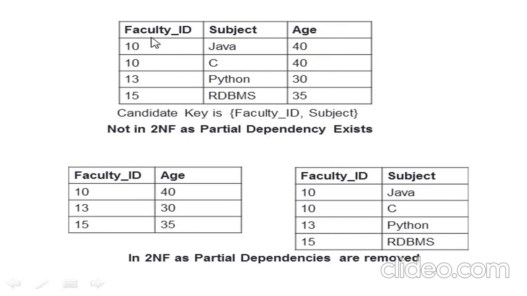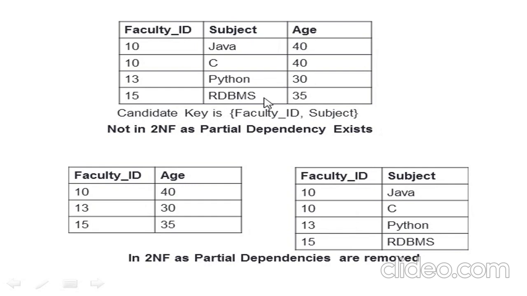I can get the age directly from faculty ID. I don't need to take help of subject. Thereby partial dependency exists. Partial dependency tells us that a non-key attribute, in this case age, depends on only part of the candidate key. Faculty ID and subject are the key attributes, but I can get age directly from faculty ID, so partial dependency exists.